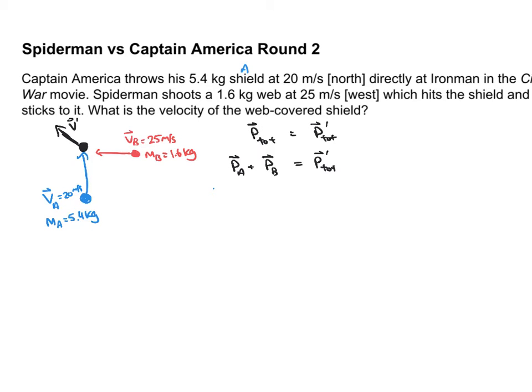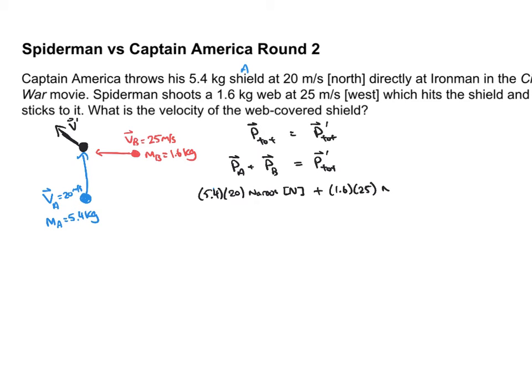So the left side of the equation, the momentum of the shield will be the mass times velocity of the shield. So that'll be 5.4 kilograms times 20 meters per second, and that's going to be in newton-seconds, and that's north. While the web, so plus the momentum of the web, that'll be the mass of the web, which is 1.6 kilograms, times the velocity of the web, which will be 25 meters per second.